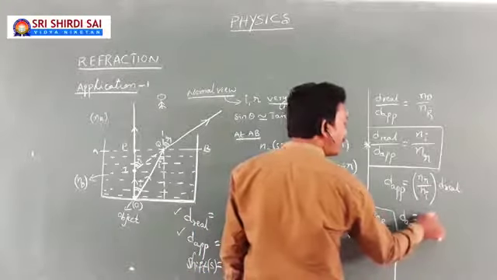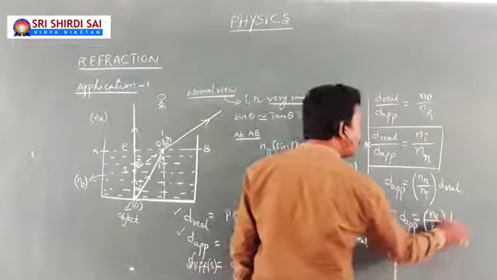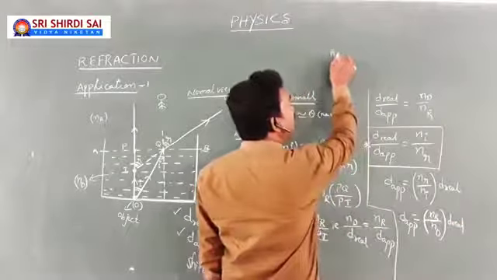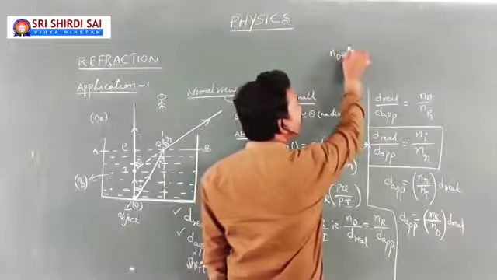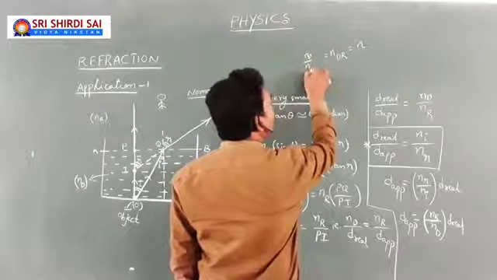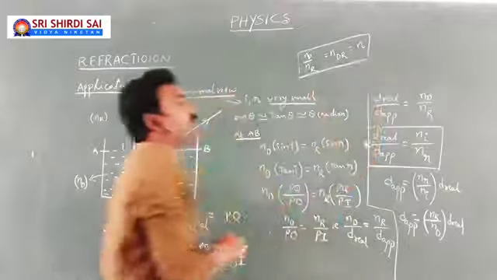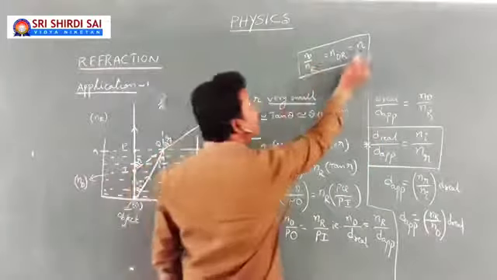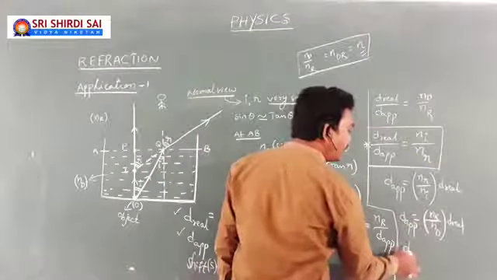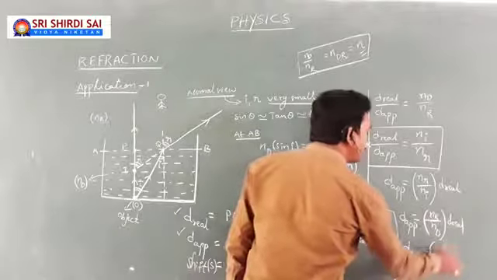Of course, you can write refractive index of rarer medium by refractive index of denser medium into real distance. Now here one point: the refractive index of denser medium with respect to rarer medium is usually taken as N. This is a common notation, there is no scientific reason behind that. ND by NR is usually supposed as N. Then NR by ND, so I can write apparent distance equal to 1 by N times real distance.